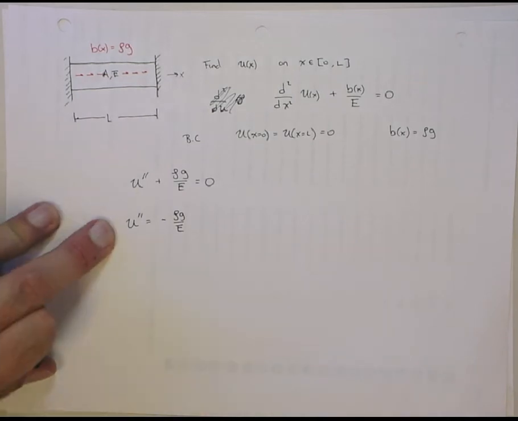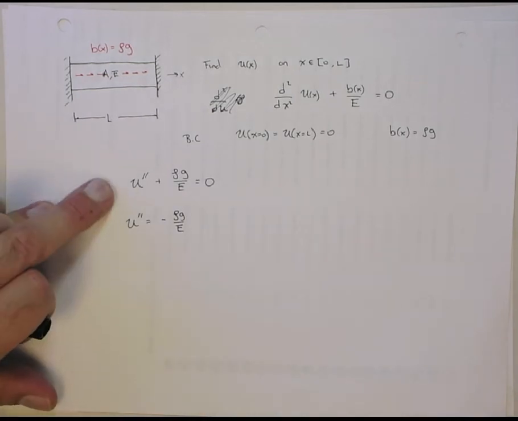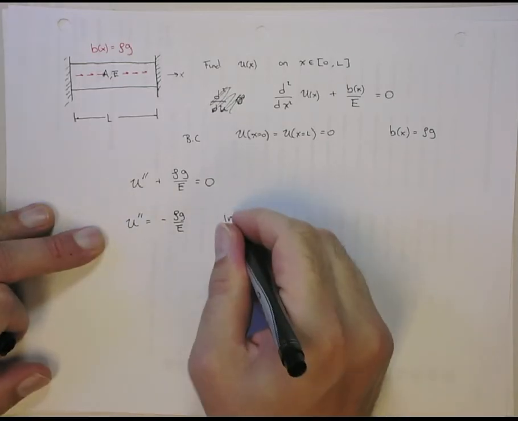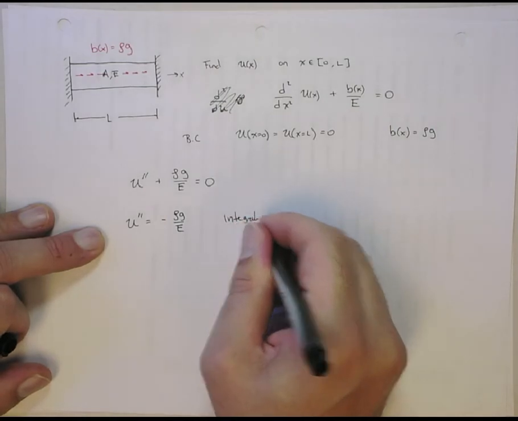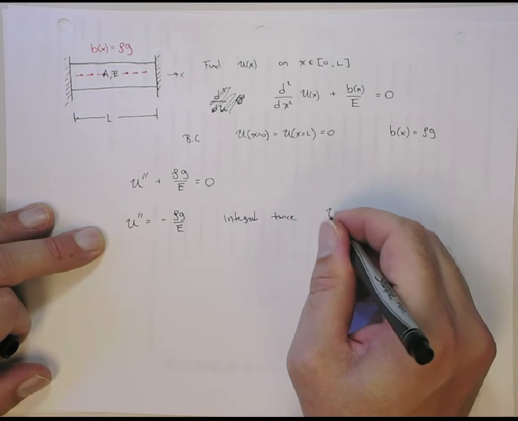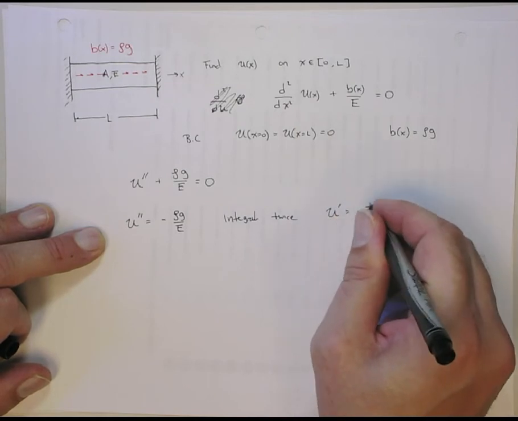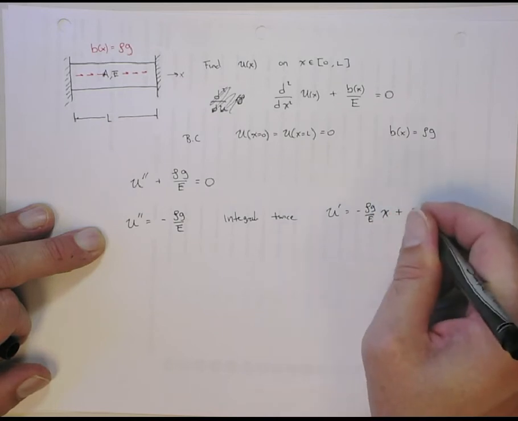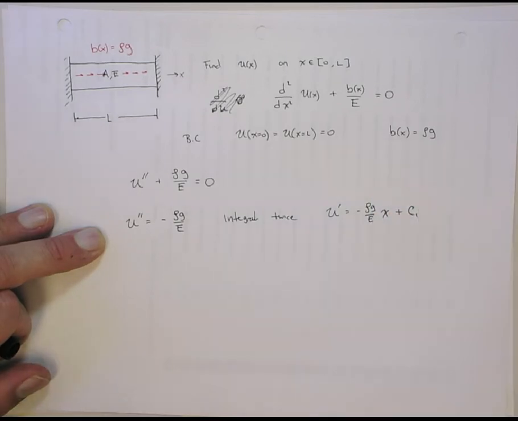All right, this is a pretty easy one to look at. You can look at this and see that it has polynomial solutions. The other way you can look at it, you can just integrate this twice. If you integrate it once, you get the first derivative is minus rho g on E times x plus some constant of integration.